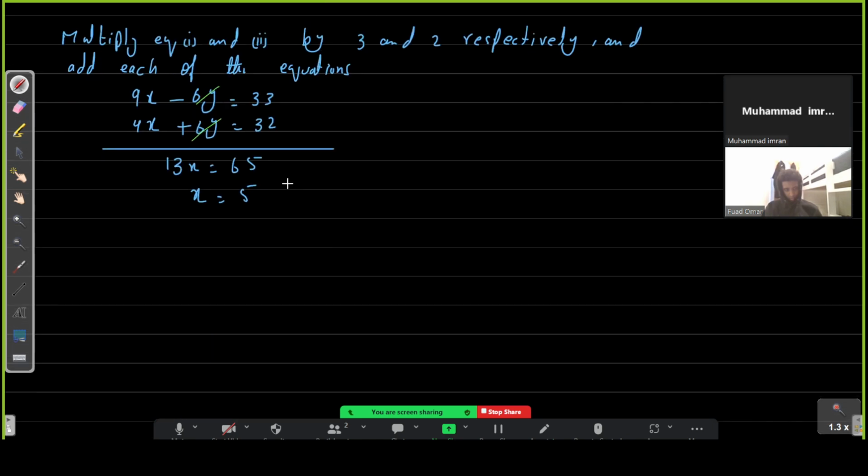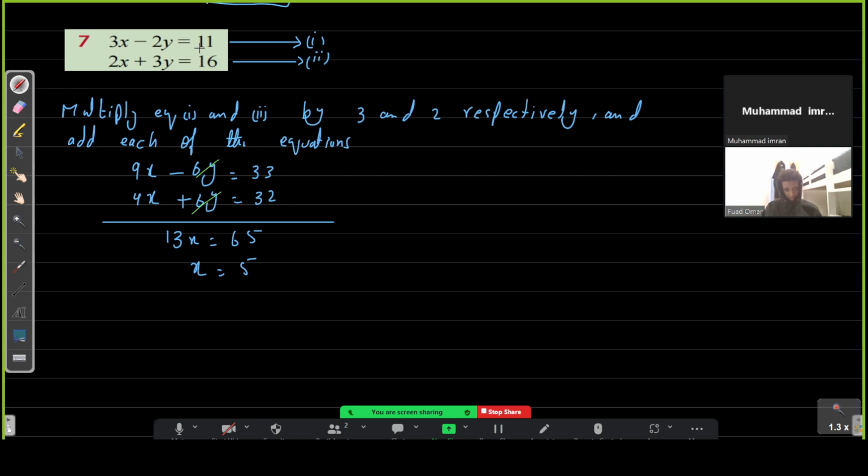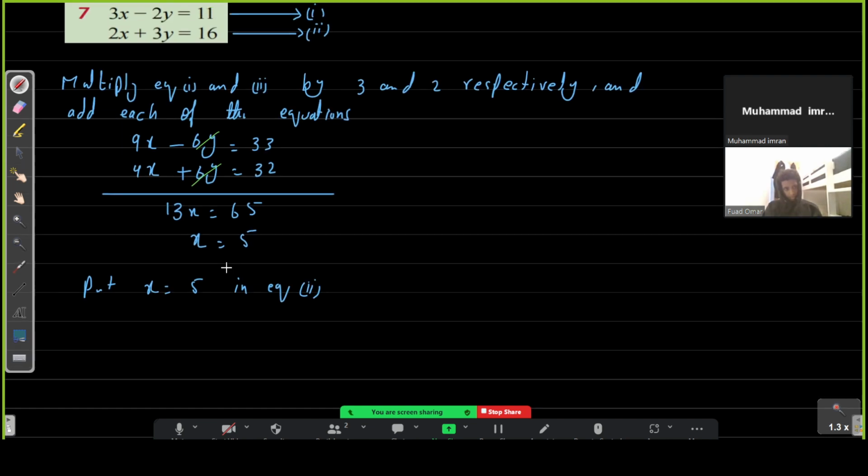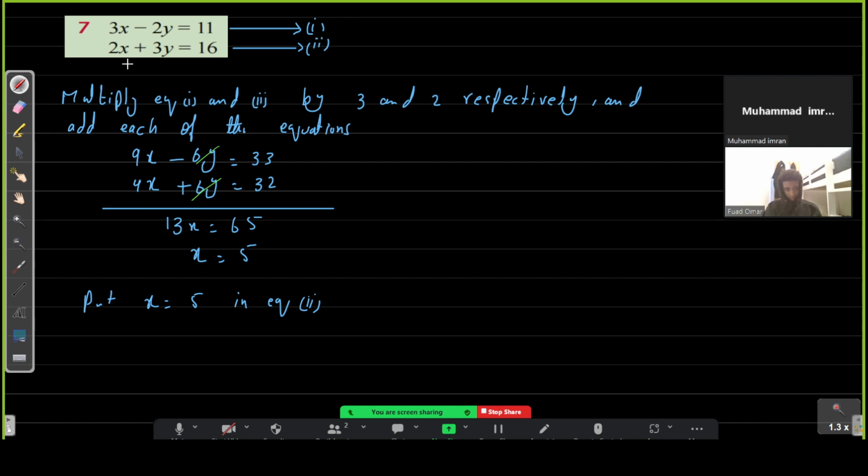And we can put the value of x in equation number 1 or equation number 2, any equations. I'm going to use x is equal to 5 in equation 2.